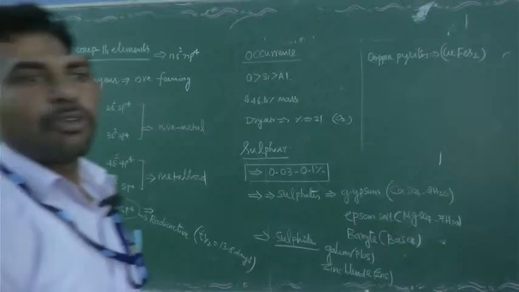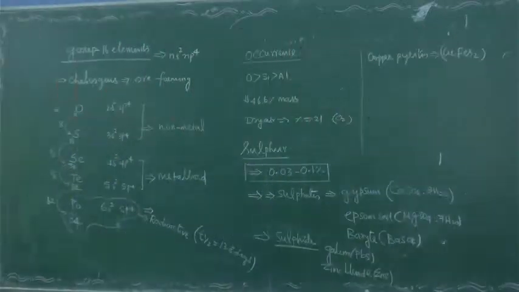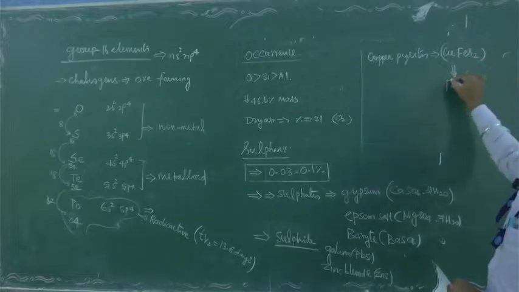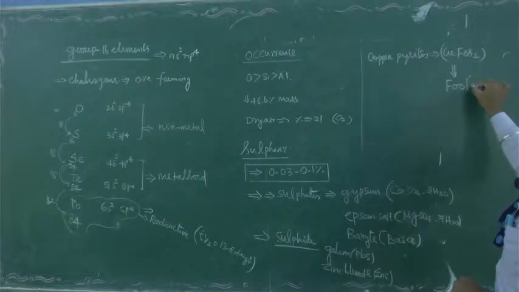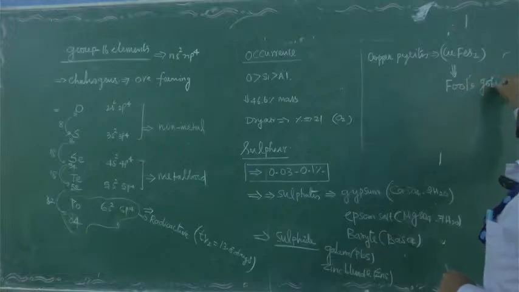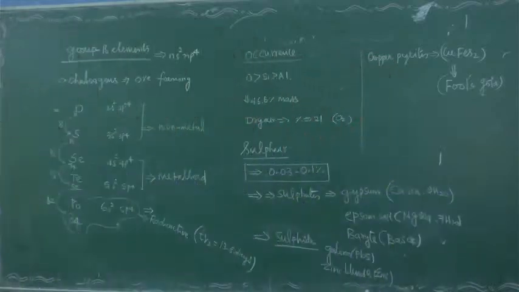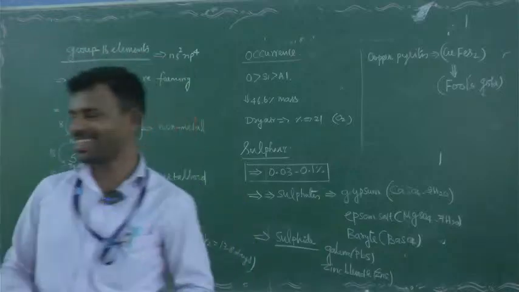Copper pyrites are called fool's gold. Is it clear? These are the fool's gold.